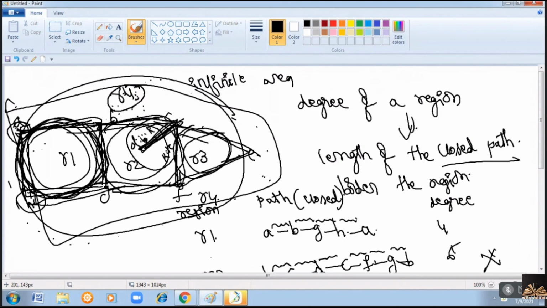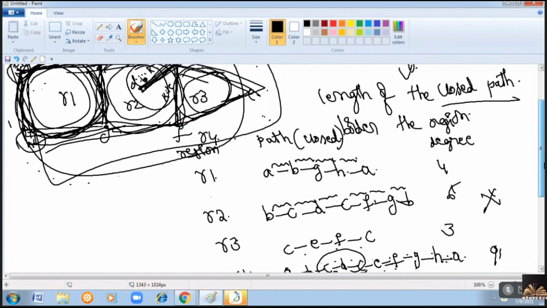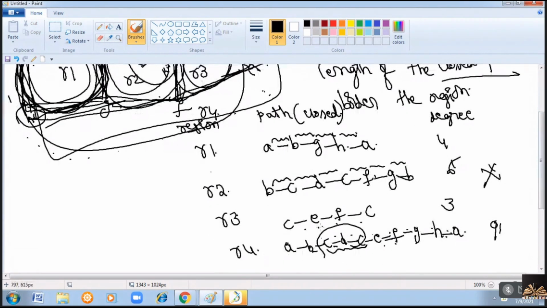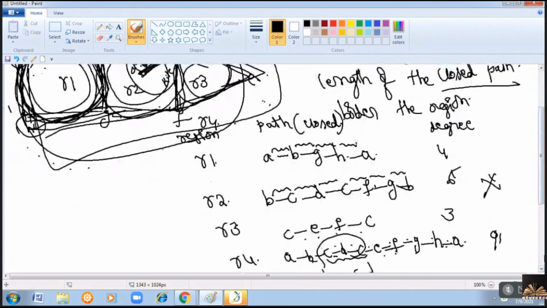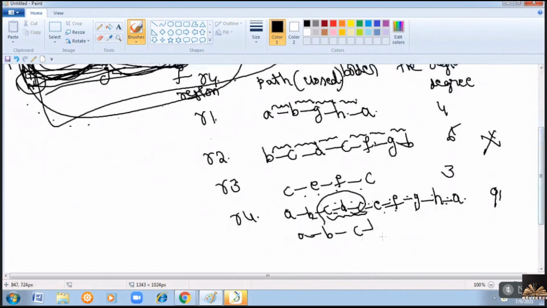So only the exterior borders of your house should be calculated. Therefore, the degree of region 4: you have to exclude the internal part. So what is the outer part? A to B, B to C, C to E I think. C to E, yes, C to E, E to F, F to G, G to H, H to A.